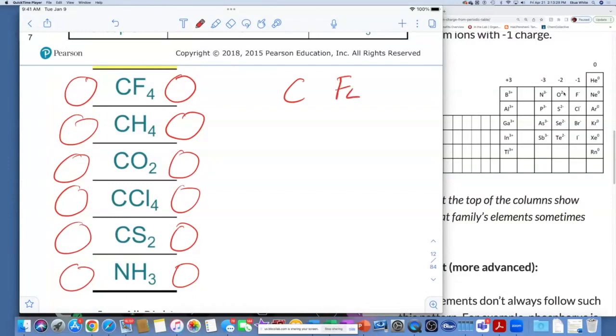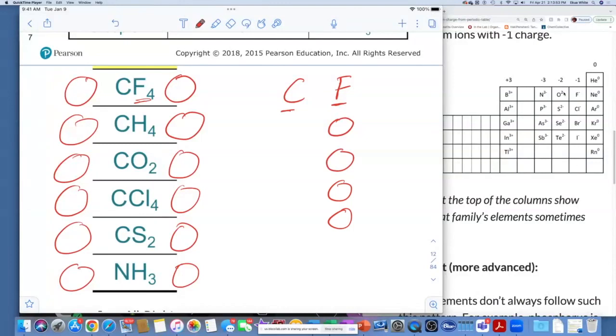Starting with CF4. Since the whole compound does not have a charge, the overall compound does not have an oxidation state. That's okay, because we are assigning oxidation states for the elements in the compound. Remember there are 4 fluorines. You want to assign this first, and the carbon has to adapt. So we have 1, 2, 3, 4, according to this formula.